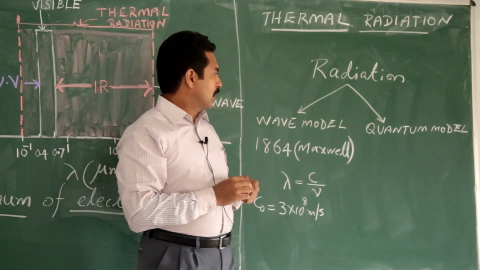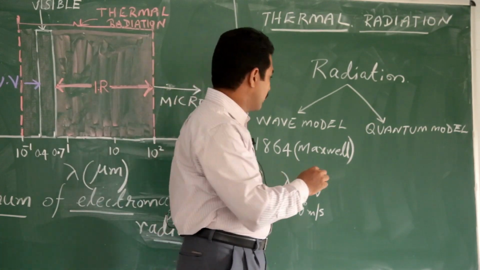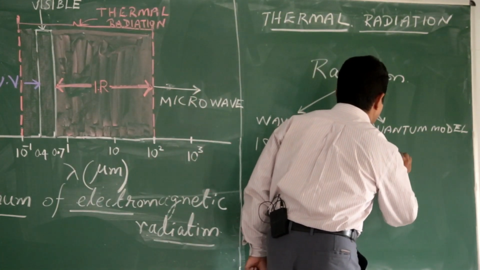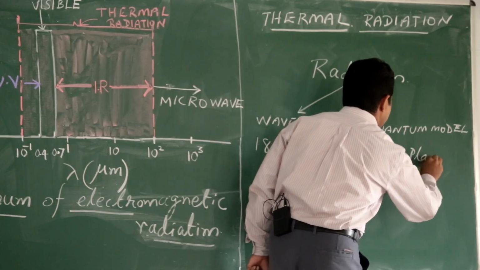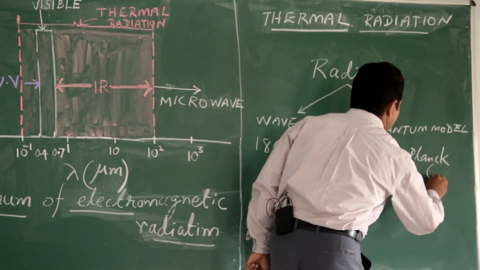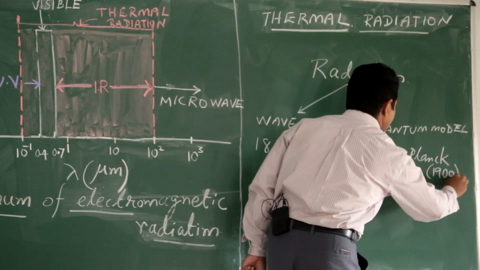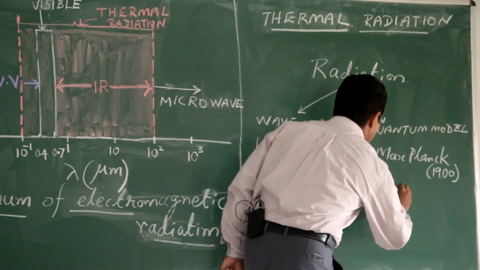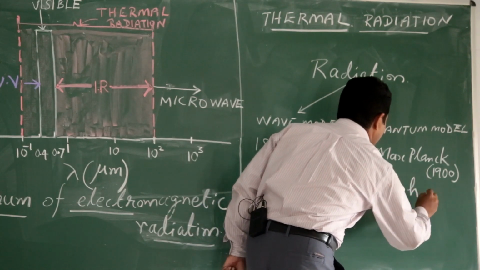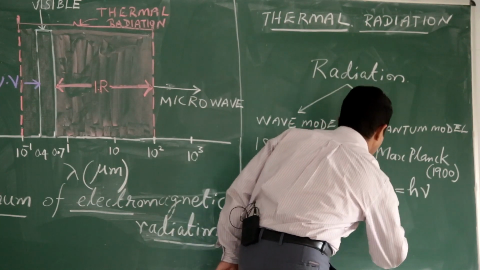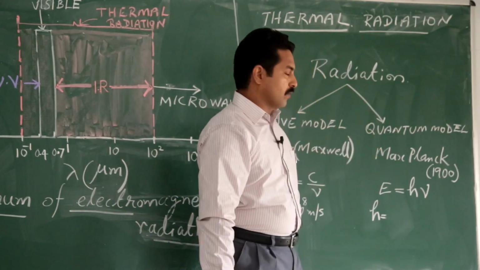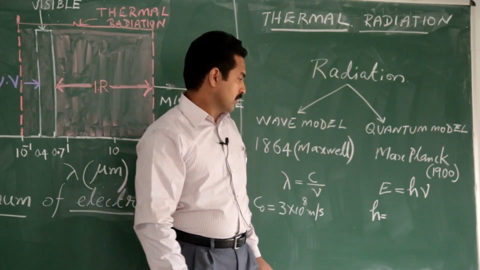Now coming to the quantum model. This quantum model was proposed by Max Planck in 1900. The energy is equal to h into nu, where h we call the Planck's constant.